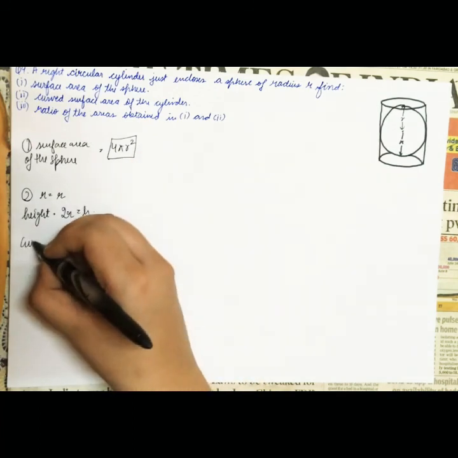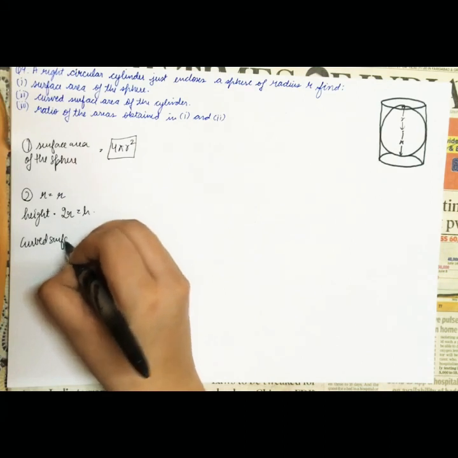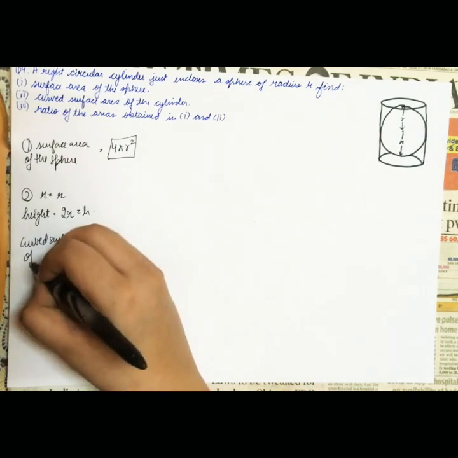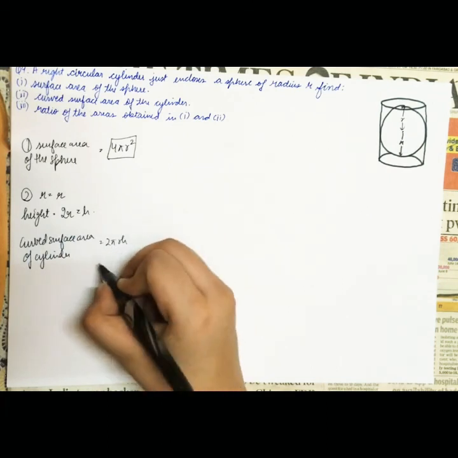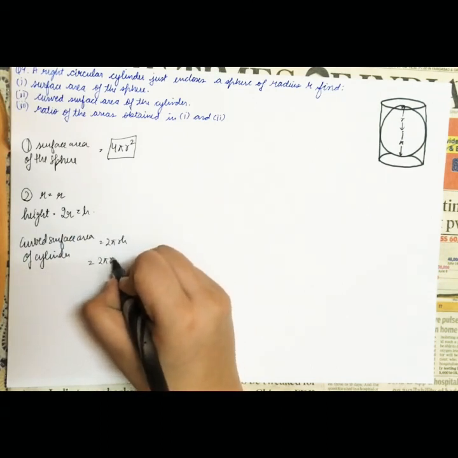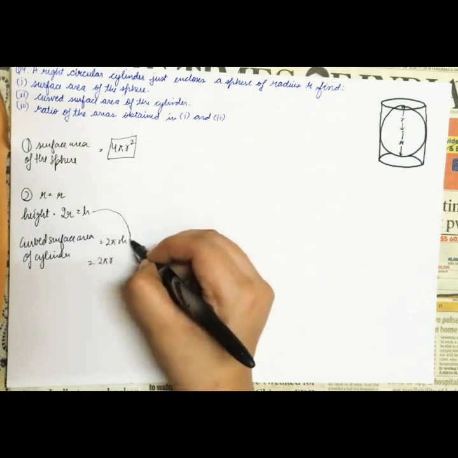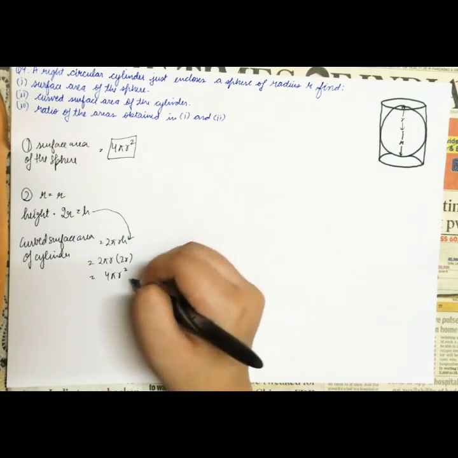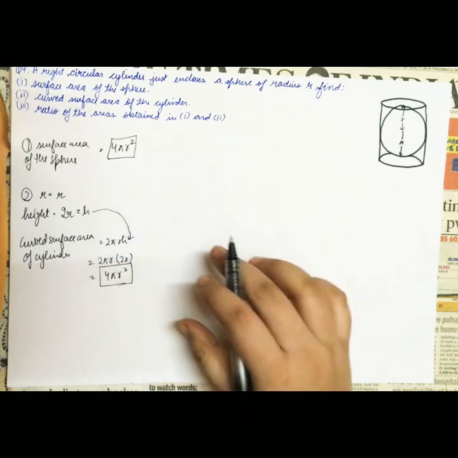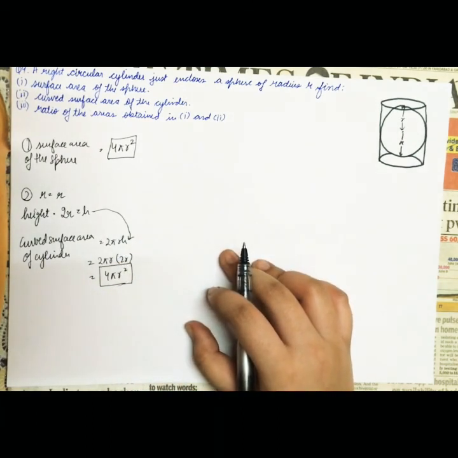Now curved surface area of cylinder is equal to 2 pi r h. Therefore 2 pi r and h can be written as 2r. Therefore it will become 4 pi r square, which is also the curved surface area of the cylinder.